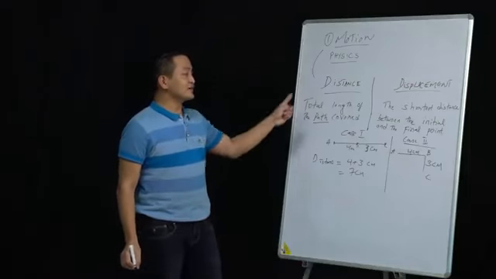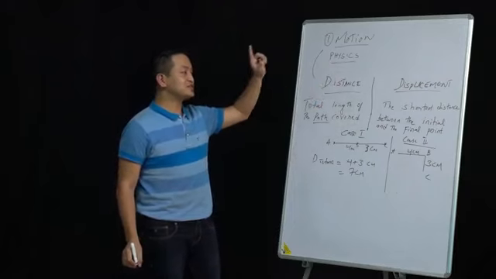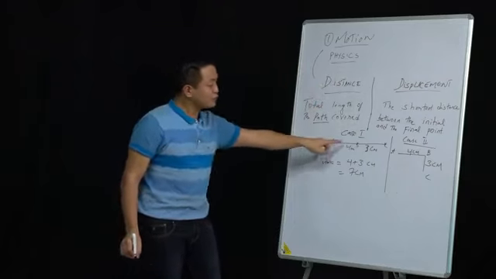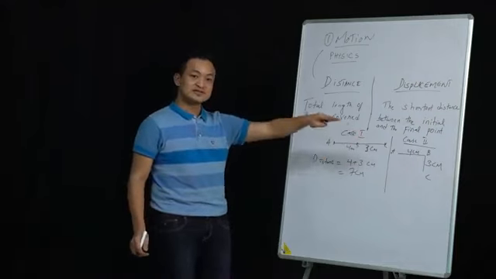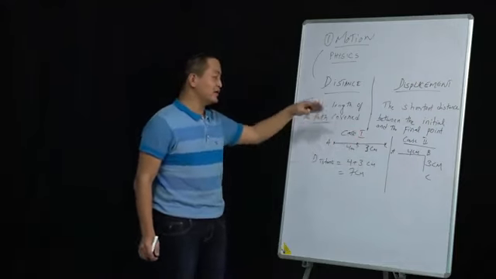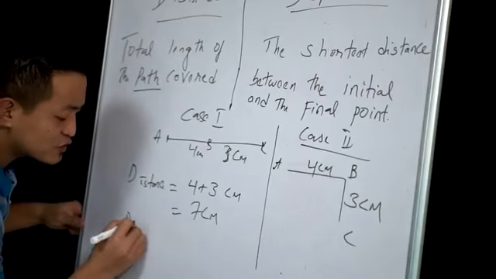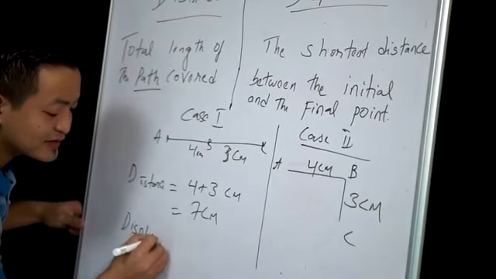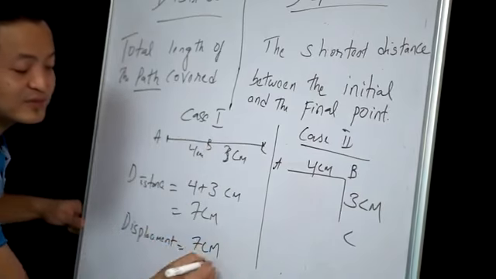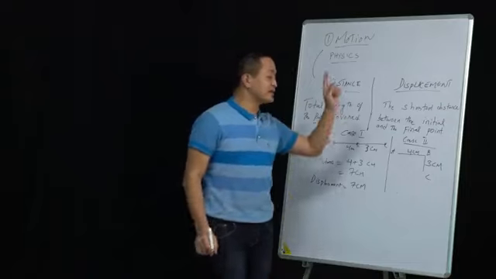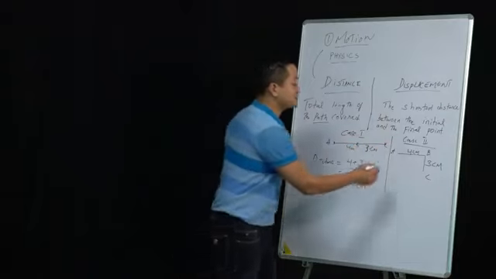And if I say displacement, that means the shortest distance. So what will be the shortest distance here? Since it is a straight path, the displacement is also going to be the same thing. The displacement is 7 centimeter. Clear? But in case 2, here you will see the major difference.